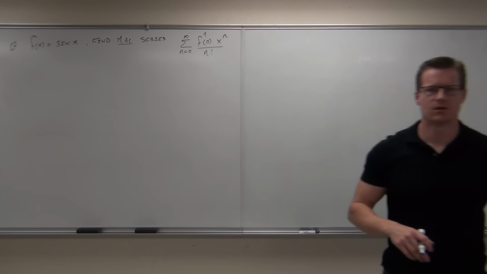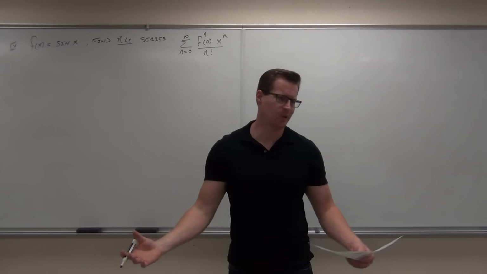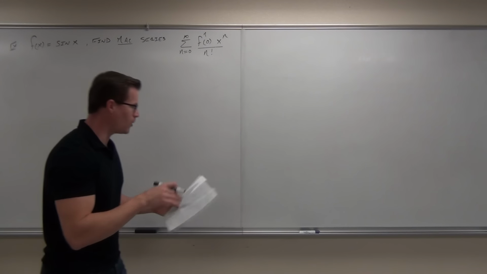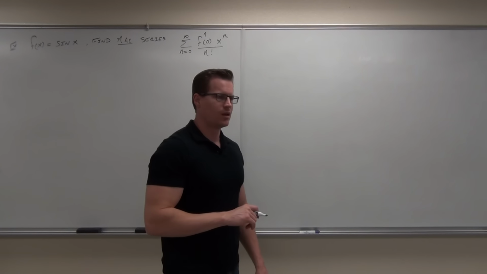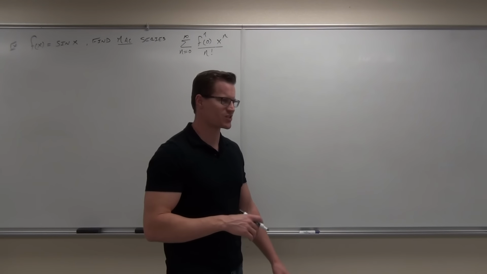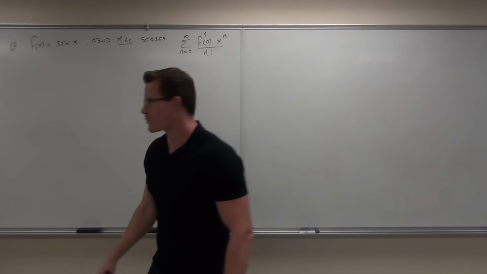That's a Taylor series, right? It just so happens that c would be 0, making it a Maclaurin series. That's our goal, to find that thing. Now, where do we start? Find f, and the nth derivative of f. That's hard to say. The nth derivative of f. That's what we want. So we start doing derivatives. That's step number 1.